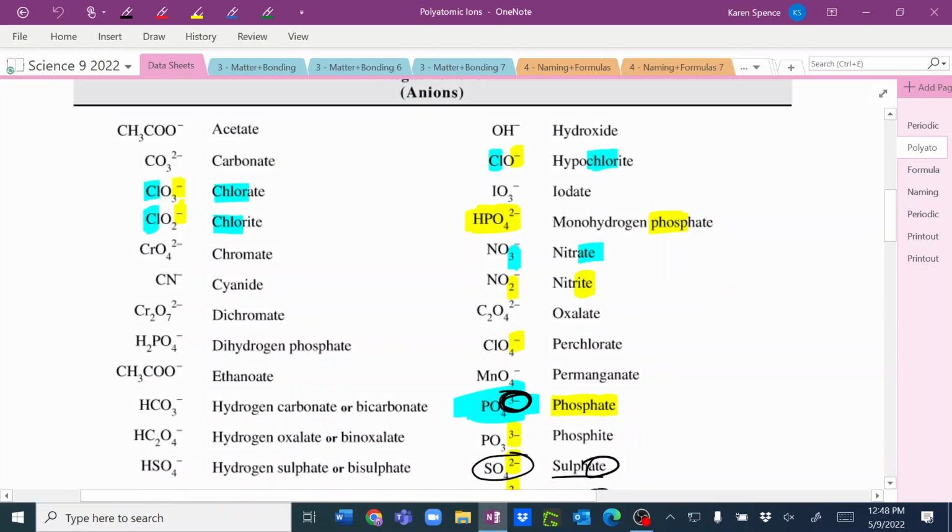And this one I actually want to point out to you. CH3COO actually has 2 different names. Acetate is the common name. Ethanoate is the official name.